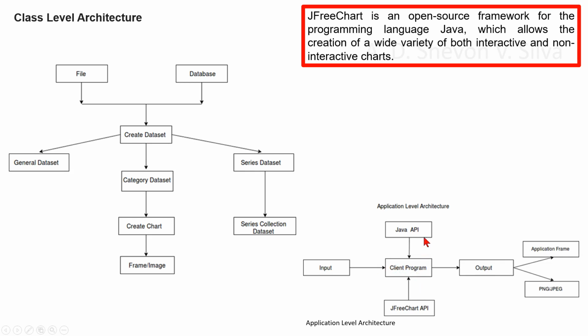Standard Java and JFreeChart APIs are used to generate the output in the form of either a frame which can be displayed directly inside the application or independently in image formats such as JPEG or PNG.